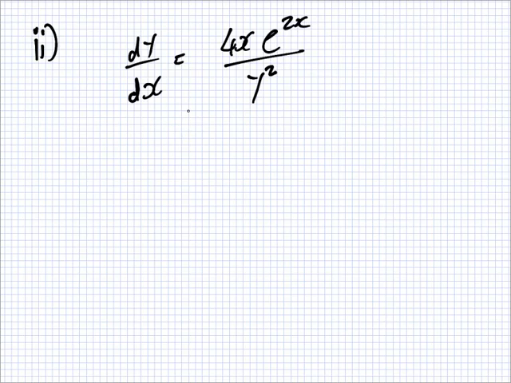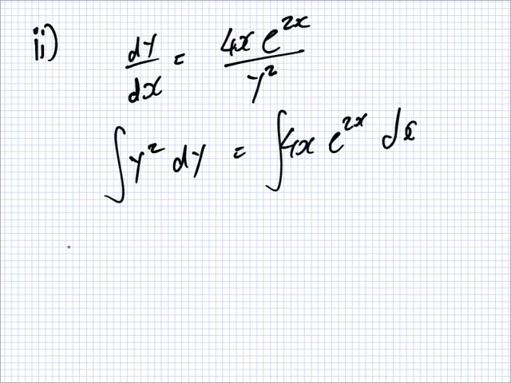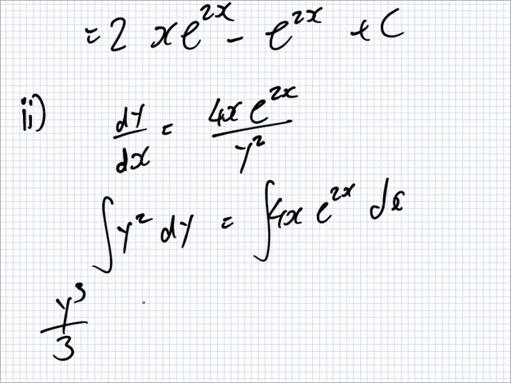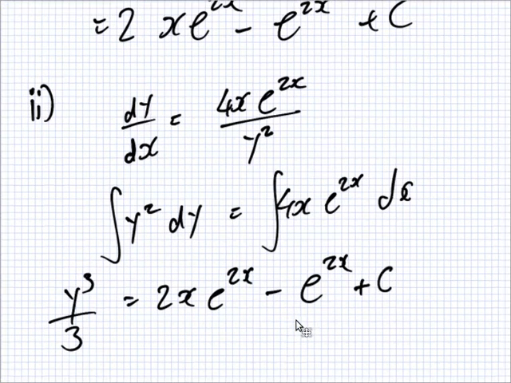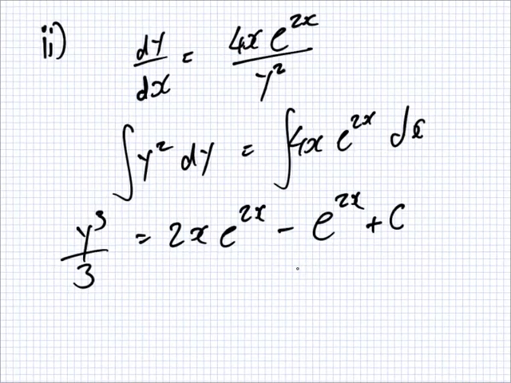Right. Okay. So we want to solve this ODE. We get y squared dy equals 4x e^2x dx. Right, what point do we use? 0, 3, isn't it?